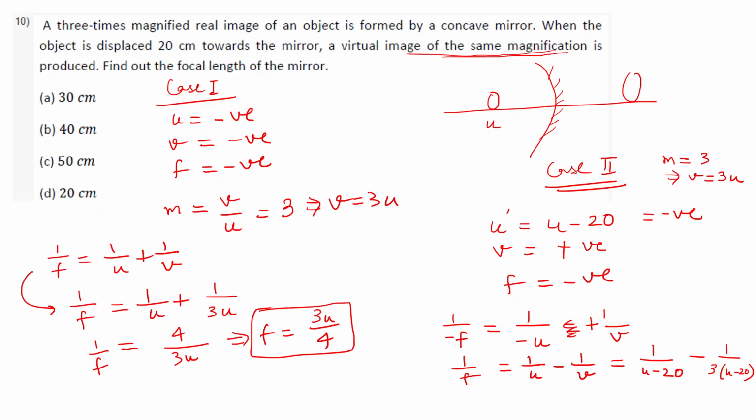So u I have found out to be 40 centimeter. Then if I substitute here, then f will be 3 times 40 divided by 4. This will be 30 centimeter. So focal length is 30 centimeter.